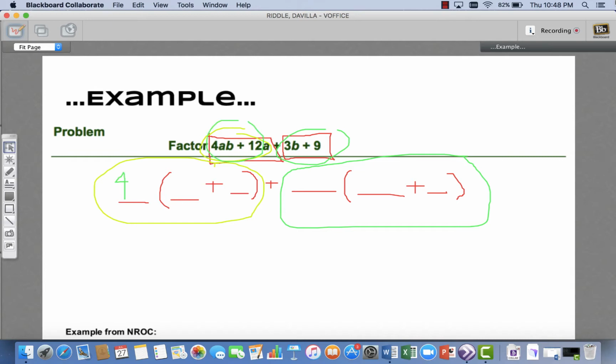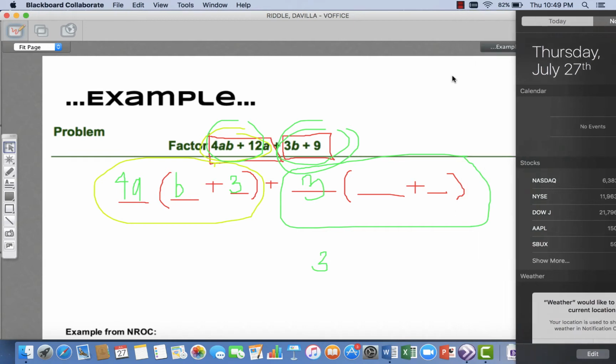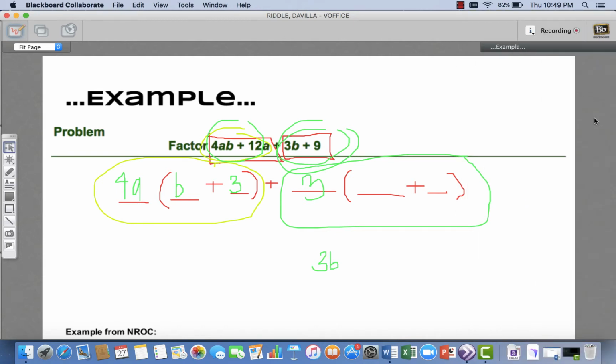You're very, very close. So for this first expression right here, you can also pull out an A. So it'll be 4A here, then you would get B plus 3. And then for the second part, you're right in pulling out the 3, but 3B, which is the first term, divided by 3 would give you B, which would go here. So you would get B plus 3.